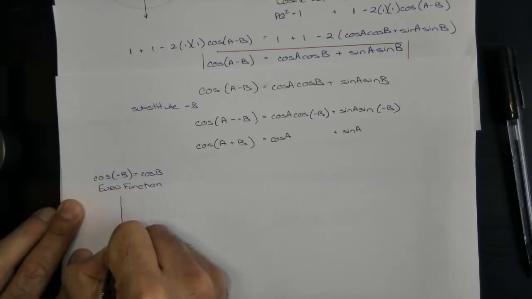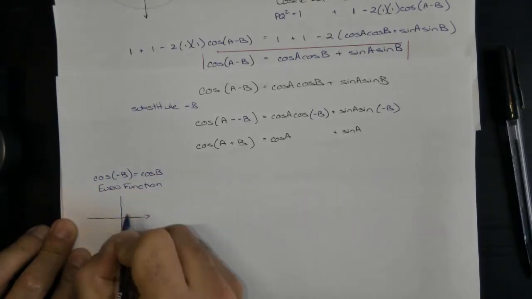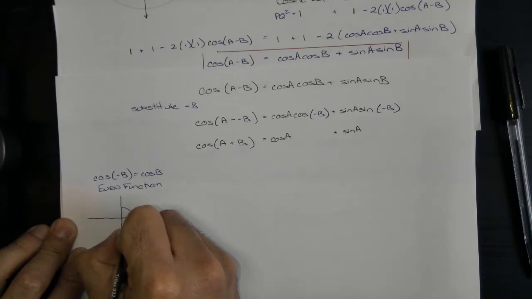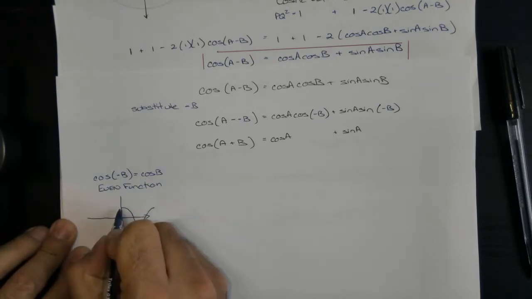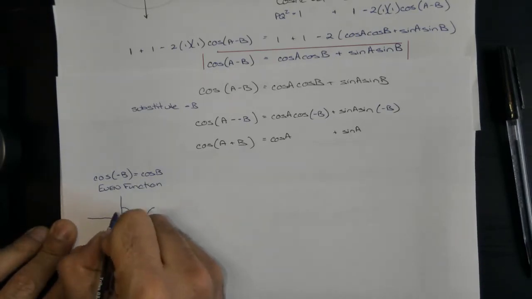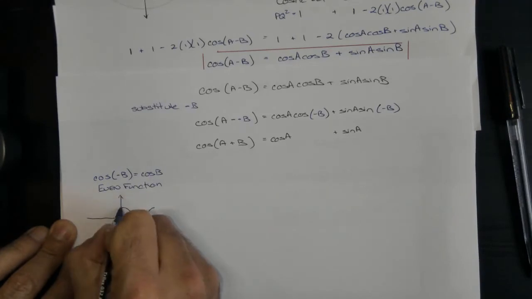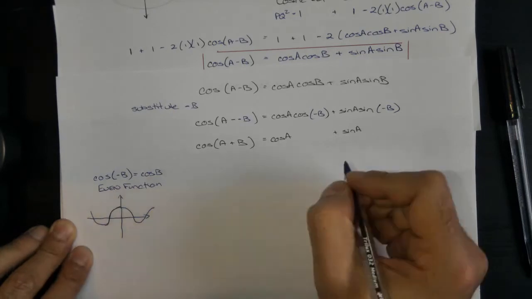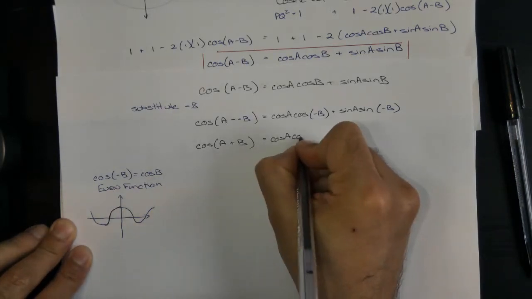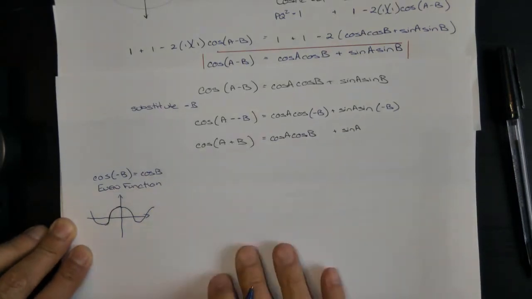And to remember what an even function is, this is the cos curve. It has a reflection of symmetry around the y-axis. So really I can write this as cos B.